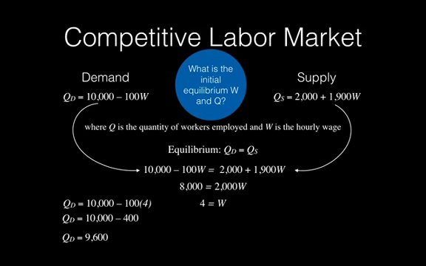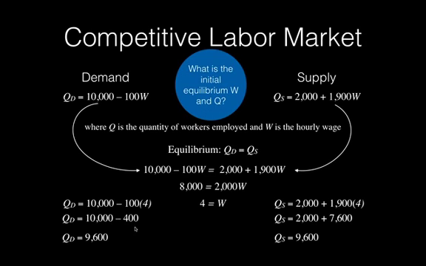So there we have QD is equal to 10,000 minus 100 multiplied by 4, so it's 10,000 minus 400, so QD is equal to 9,600. QS is equal to 2,000 plus 1,900 multiplied by 4, so that is 2,000 plus 7,600, which gives us 9,600.